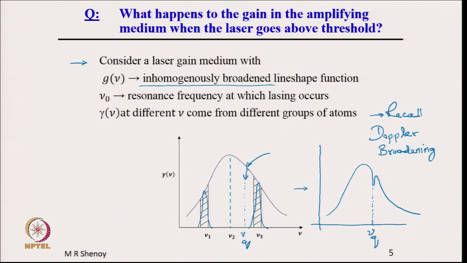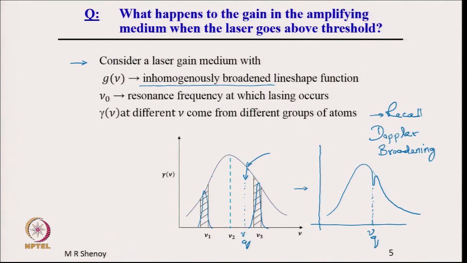If there was no intensity at nu q, then the gain curve would have continued as before, but if the gain is pulled down because of intensity build up at a certain frequency nu q, then the gain profile will be pulled down at that region because of the gain saturation effect.